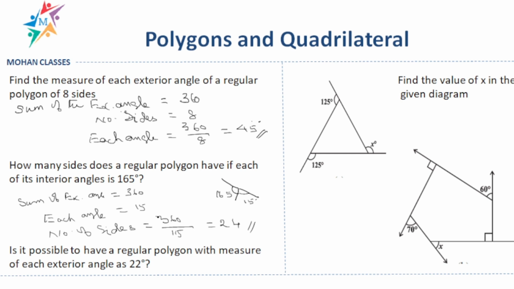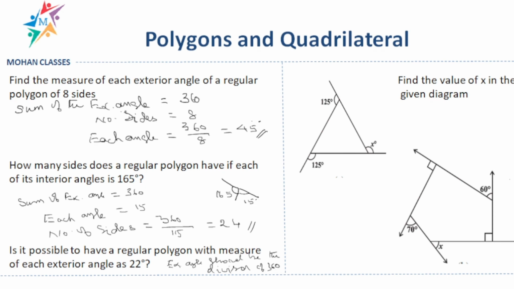The exterior angle should be a divisor of 360, meaning it should divide 360 with remainder 0. Then only it is possible. 22 does not divide 360, so it is not possible. It is a very important point.